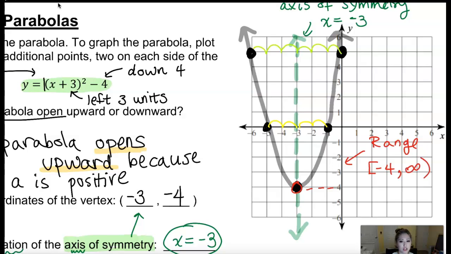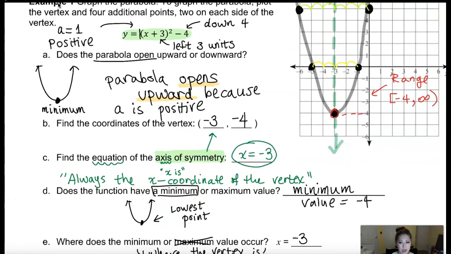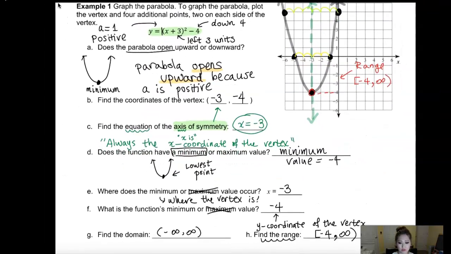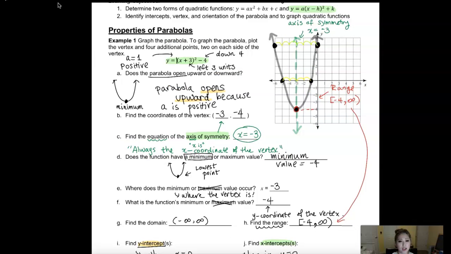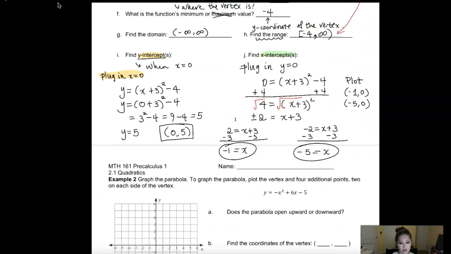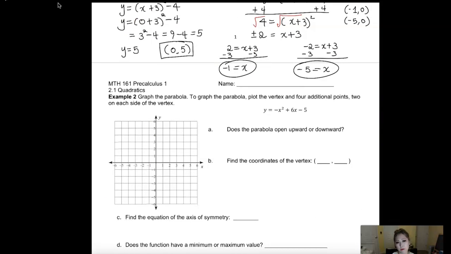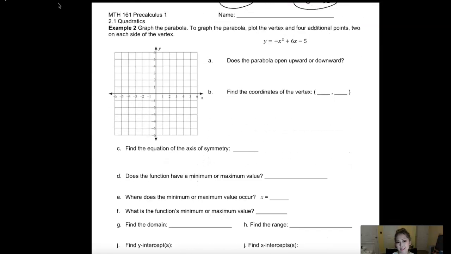That's why the range is negative 4 to positive infinity. I usually wait until I actually graph it instead of looking at the minimum to write the range. But that is how you can graph and find all these properties of a parabola if an equation is in vertex form. I'm going to continue and do the same type of problem, but this time it is in standard form.